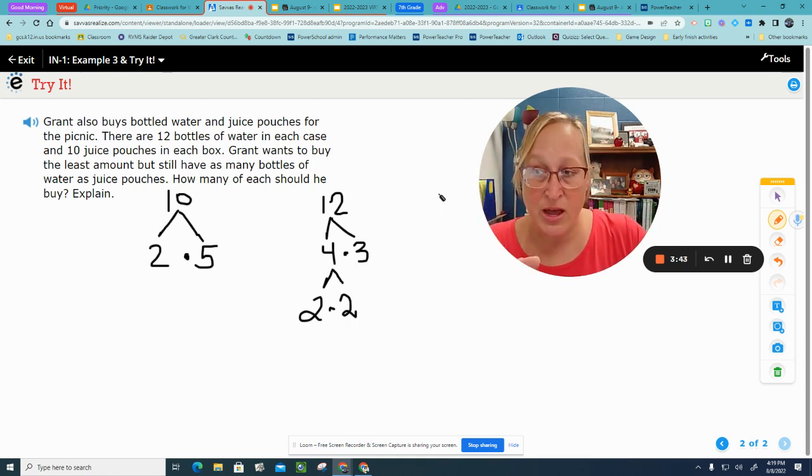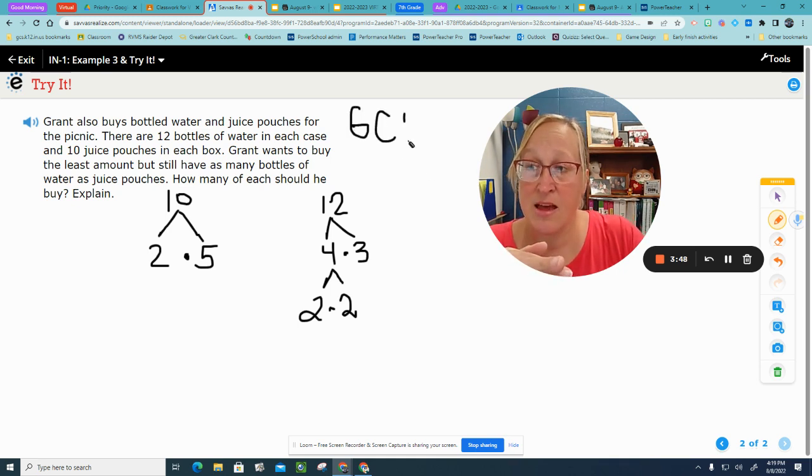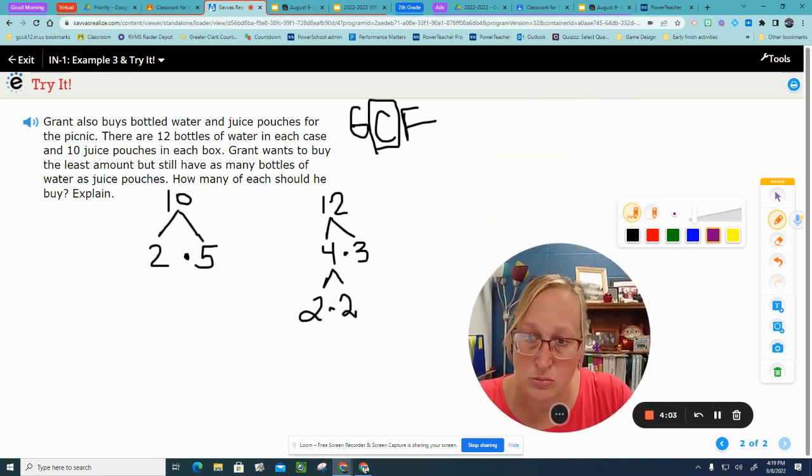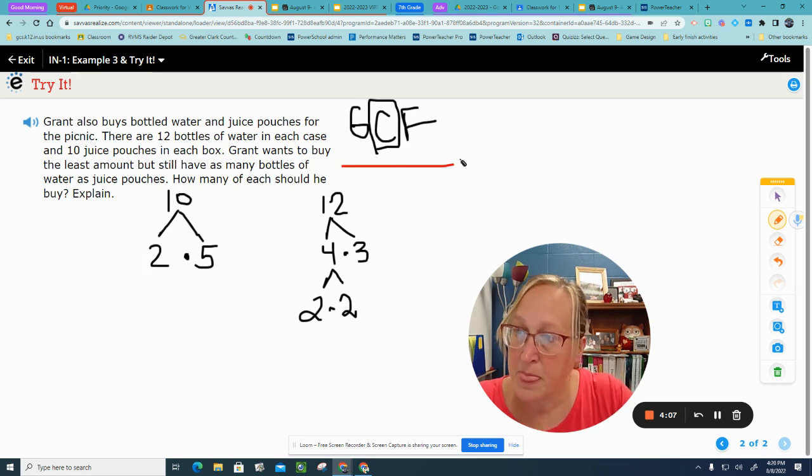Now, yesterday, we found out the GCF, the greatest common factor. Okay, so the GCF is what they have in common. I'm going to make that red.